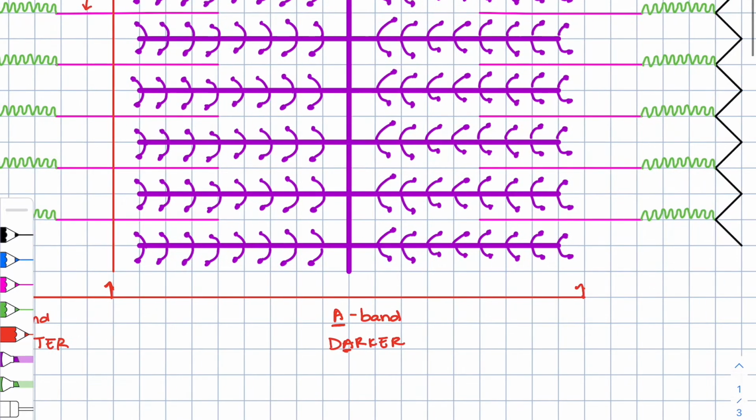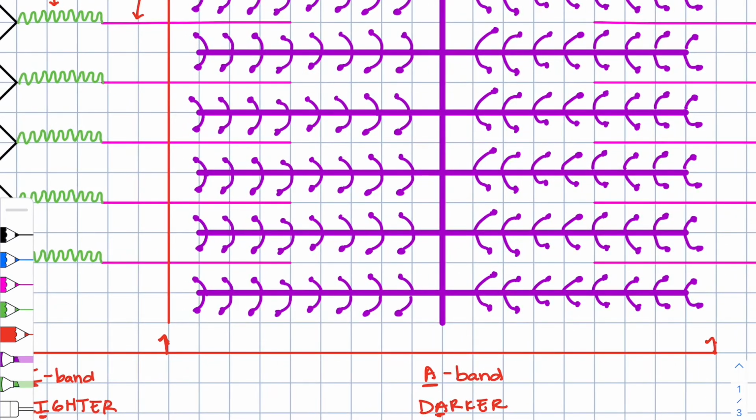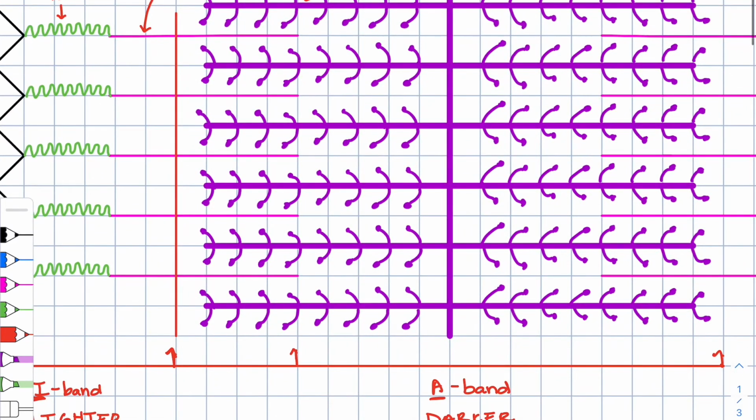It appears darker in color because of two reasons. The number one reason is the zone of overlap. And you might ask yourself, well, what is the zone of overlap? The zone of overlap is going to include actin and myosin. So this is myosin, actin, and that's why it's called the zone of overlap.